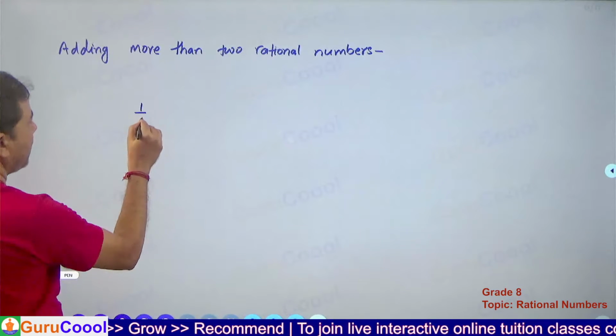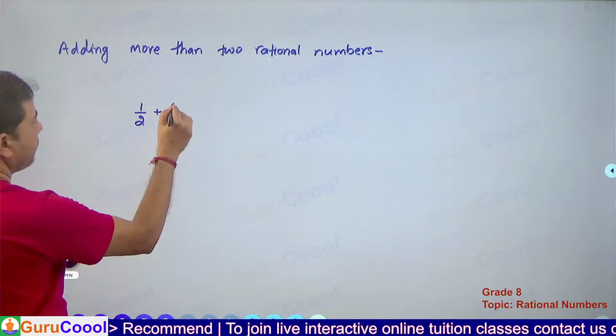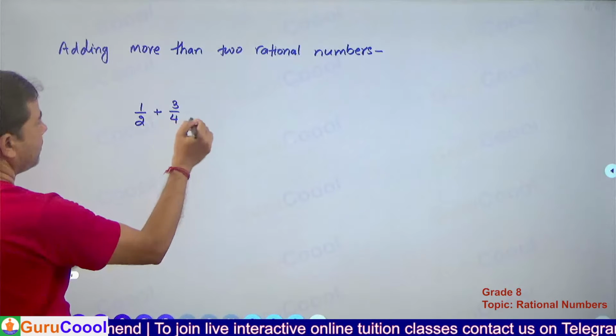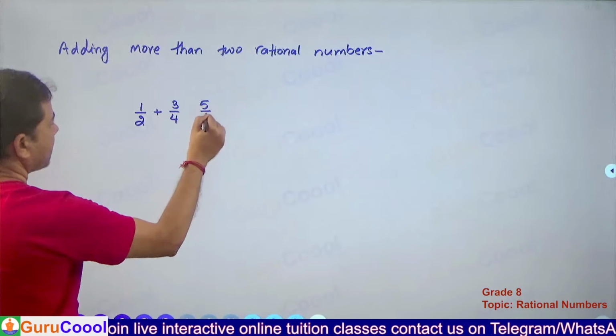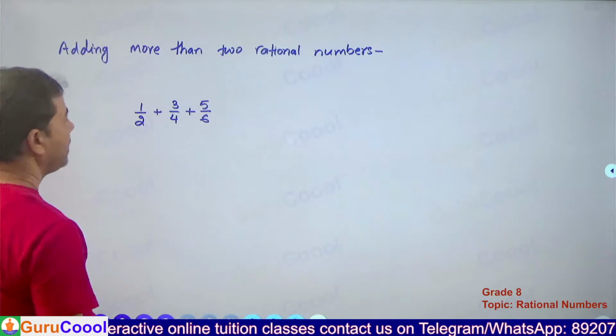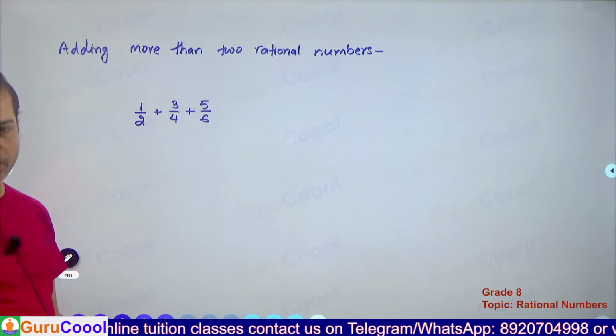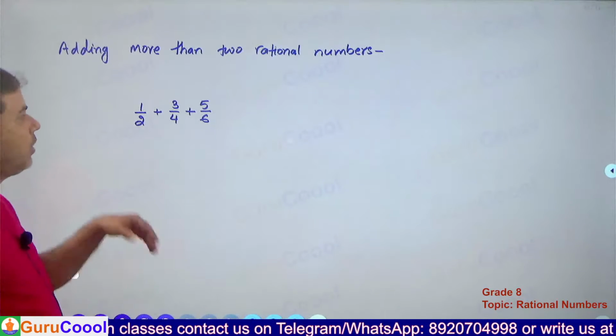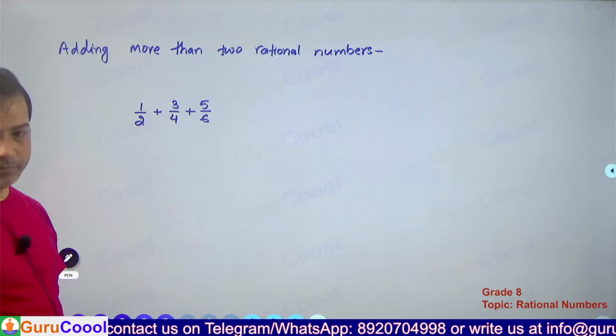Suppose you have 1 by 2, 3 by 4 and 5 by 6. You have to add these three rational numbers together. In how many ways can you go ahead?